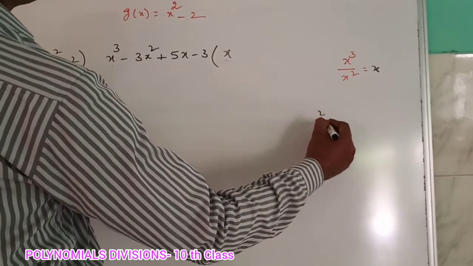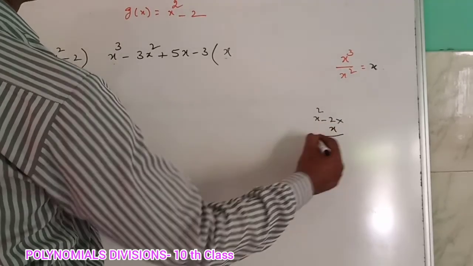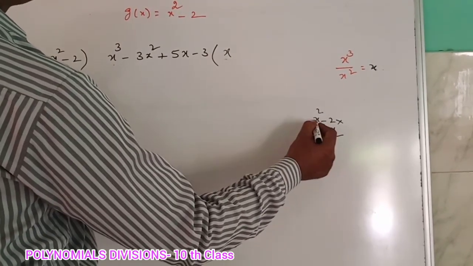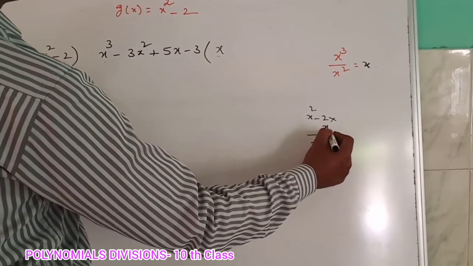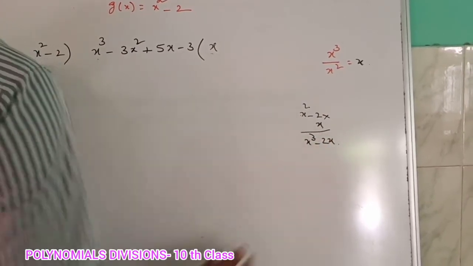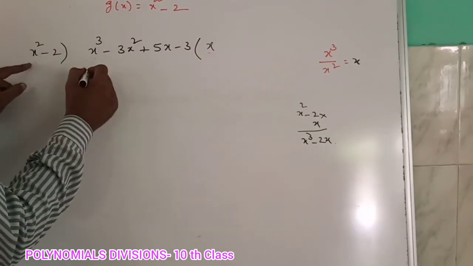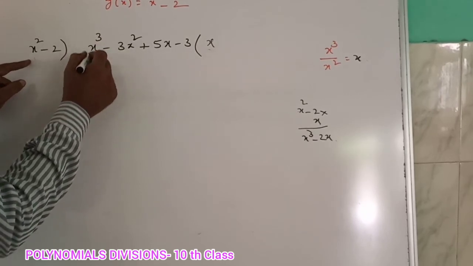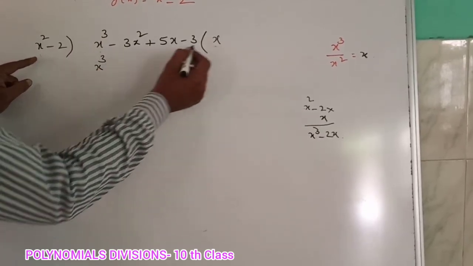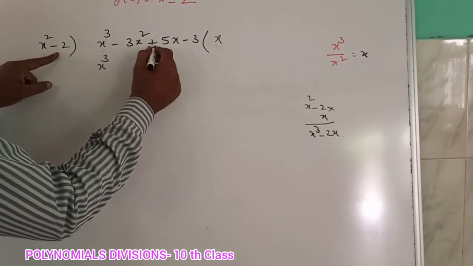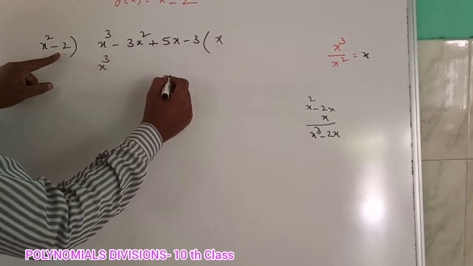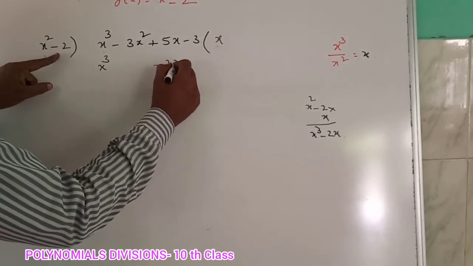So x square minus 2 into x. x into x square is x cube, and x into minus 2 is minus 2x.